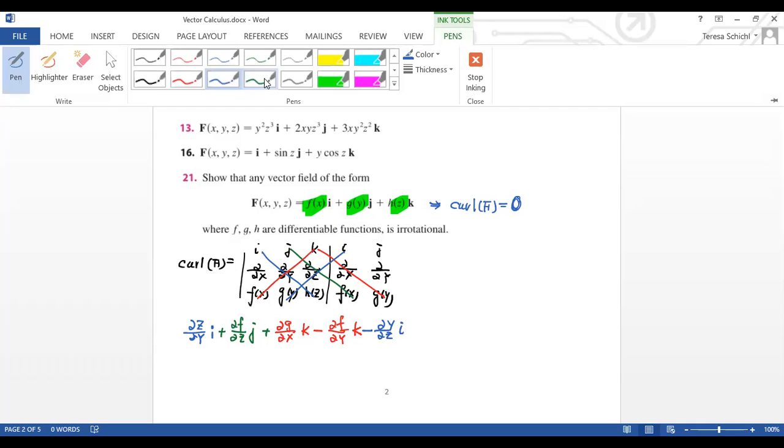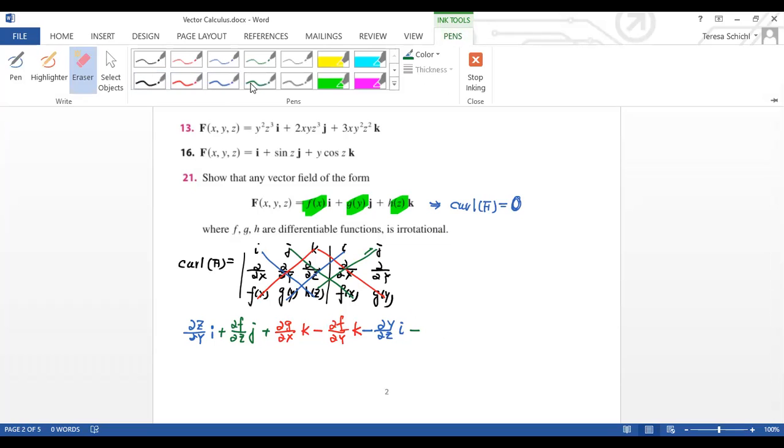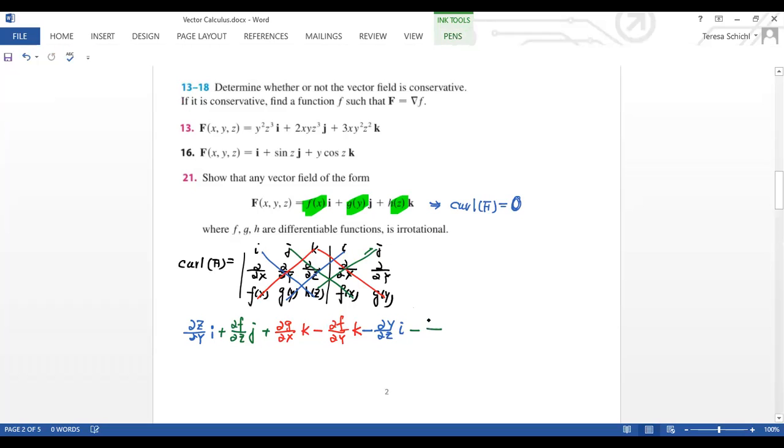Then minus this one here. So this is a minus ∂h/∂z, no, ∂h/∂x. Okay, so this is ∂h/∂x.